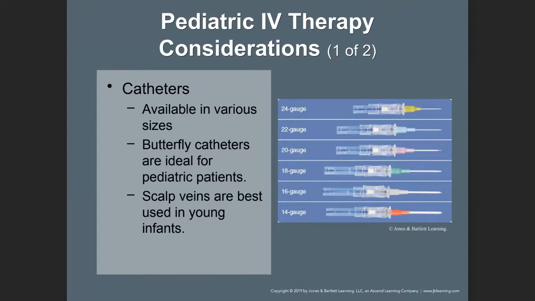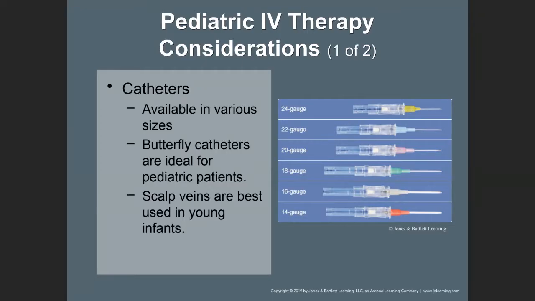Ideally, 16 is for fluid resuscitation, but it's very difficult to put in. 18 is the IV catheter for medication administration. So if you're thinking about giving meds, that's a good one to use.